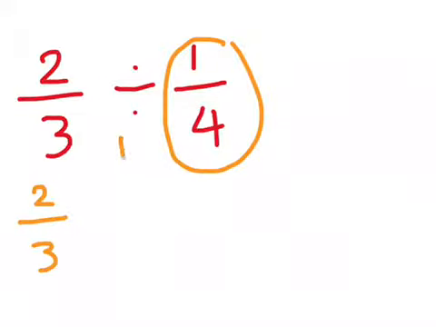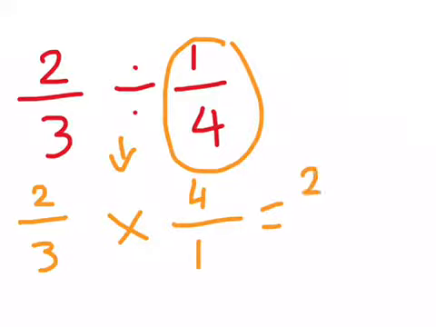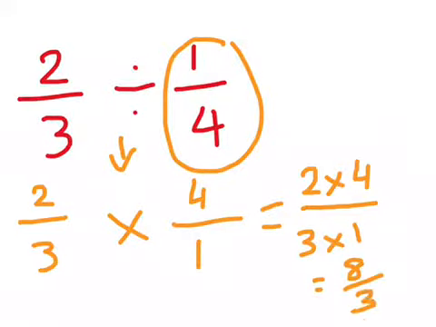My division changes to a times, and the fraction after the division symbol, I find the reciprocal, so I flip it, which means I get 4/1. Can I simplify anything vertically or diagonally? No, I can't, so it's top times top. 2 times 4 multiplied by denominator times denominator. Looking at that, I would get 8/3, and I can leave it as an improper fraction.